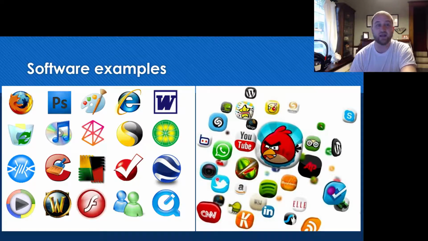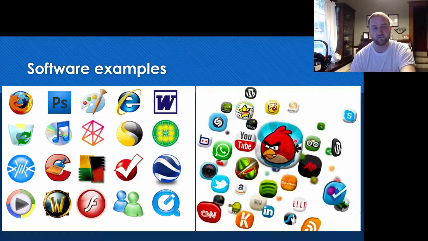If you play any games, those are all examples of software. You'll notice here on the right, all these different apps that might be on your phone are all examples of software. By the way, apps are short for applications. You can have apps on your computer or on your phone.